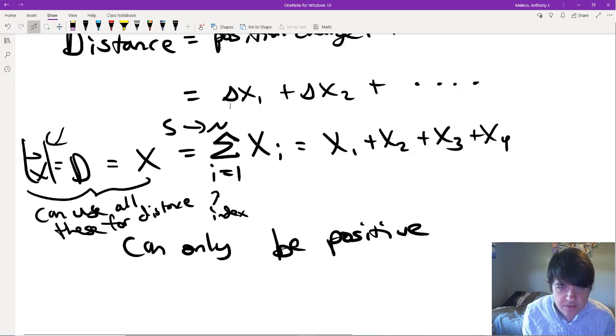They use sigma. Okay, that's what this guy is. It's just a sum over x here with the subscript i, and i changes from 1 to n, where n is the maximum number of position changes in that particular problem, right? So for us, it was 1 through 5, I think. Okay, but if we had 6 position changes, we would just add x6. It's just a shorthand way to write this, okay?